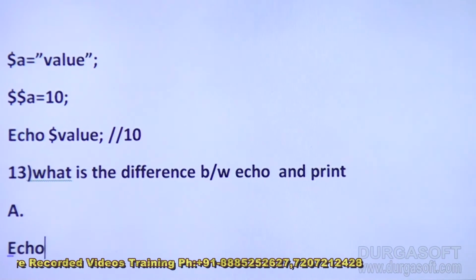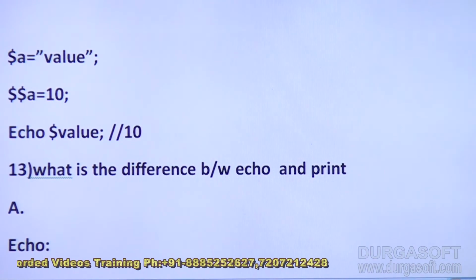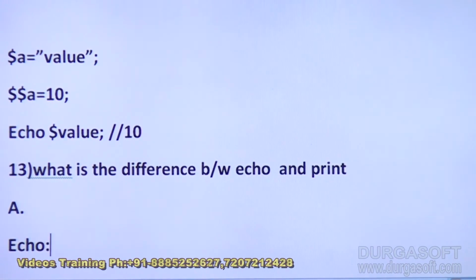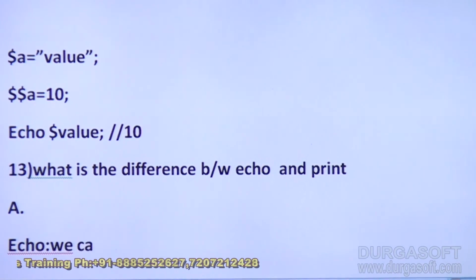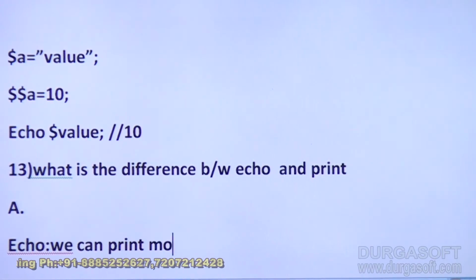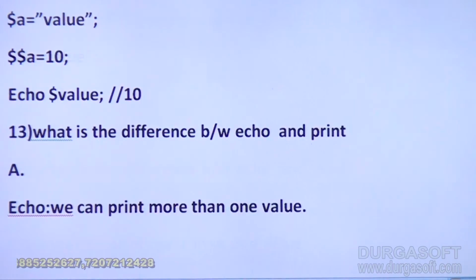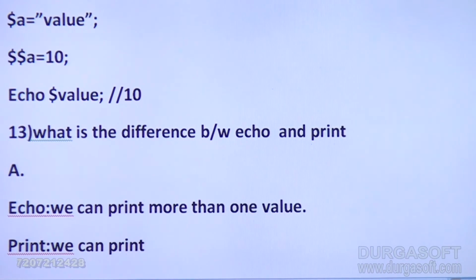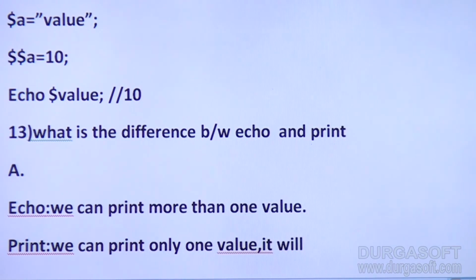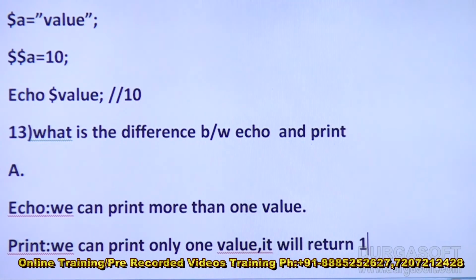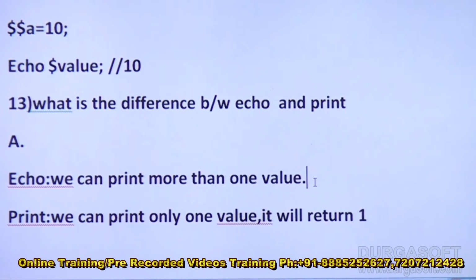In echo we can print more than one value, but in print we can print only one value and it will return one, but echo will not return anything.